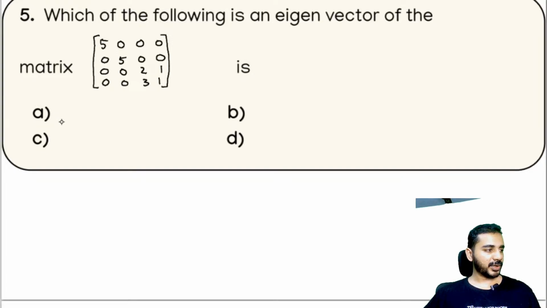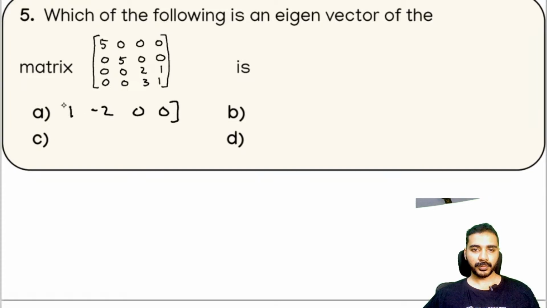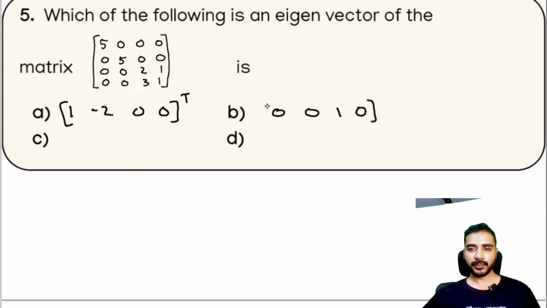Option A is 1, minus 2, 0, 0. Option B is 0, 0, 1, 0.